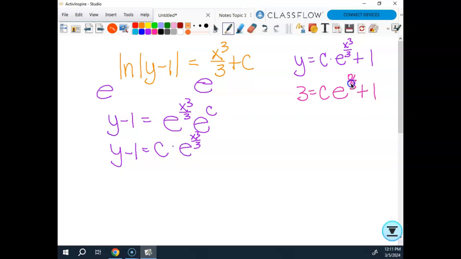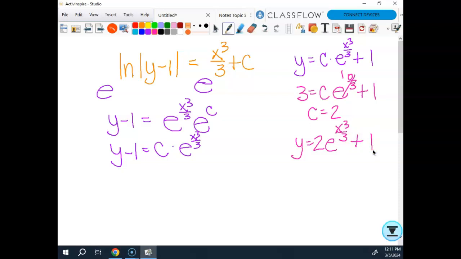So that makes this what? 1. Anything to the 0 power is 1. If it were zeroed out, that'd be a problem because c would be gone, right? So this is just 1. So that means that when I subtract, I get c equals 2, which we already found on the other one, right? So that means that y equals 2 times e to the x cubed over 3 power plus 1.